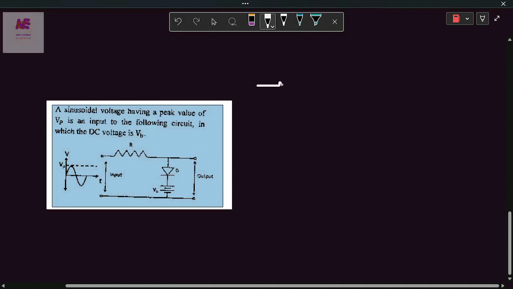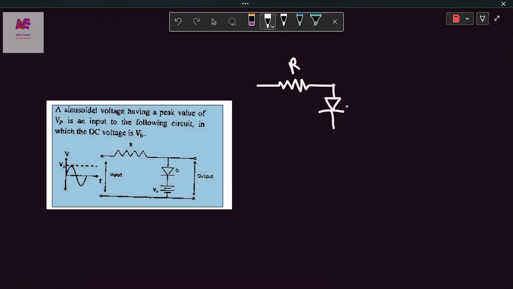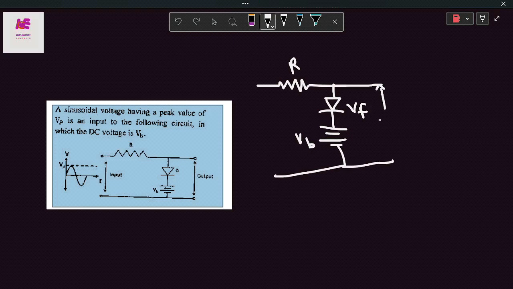In the problem, the current limiting resistor R is given, diode forward voltage drop is Vf, and the DC bias Vb is given. We have to find out the nature of output voltage.